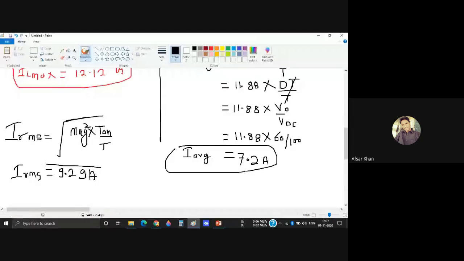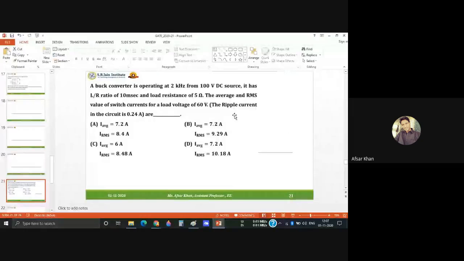I think so. Our answer should be IRMS 9.29. So our answer should be B, right?